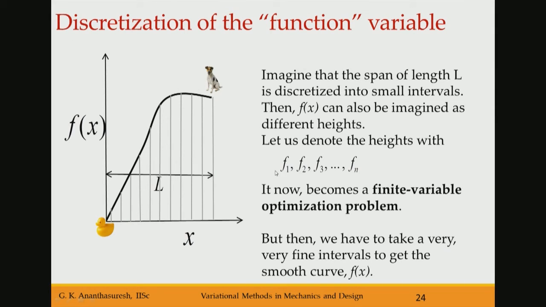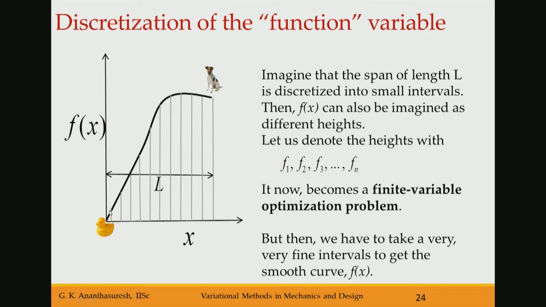Okay. One way is to convert that into a discretized problem, that is, we want to know where the dog should be for different values of x as it starts from here and goes to the duck, which is at the origin, let us say. So, I want to know what this point is, what that point is, as I am discretizing along the x axis.